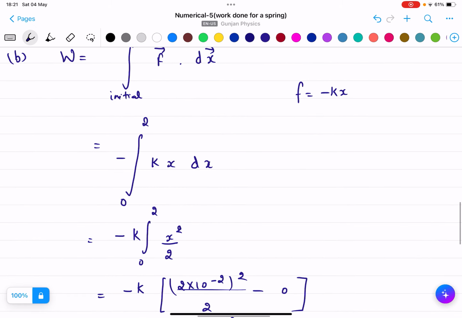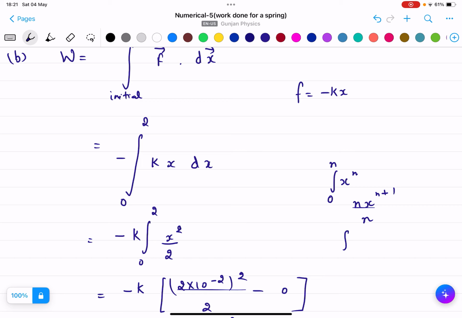So we need to integrate this. Limits are 0 to 2, and we all know if we need to do the integration of x to the power n, how do we do the integration? It is x to the power n plus 1 over n plus 1. So this is how we do the integration.